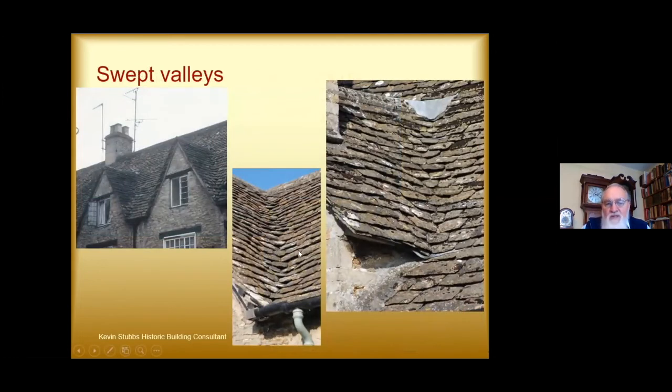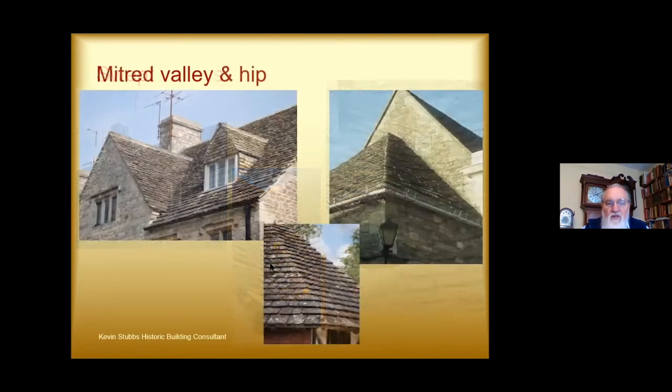Again, when you come to things like valleys, traditionally it was swept valleys, so it was multiple cuts to get you round the corner between the two planes. Today, roofers tend to take a shortcut and simply put a lead valley up through. This is the traditional way of achieving the roofs.